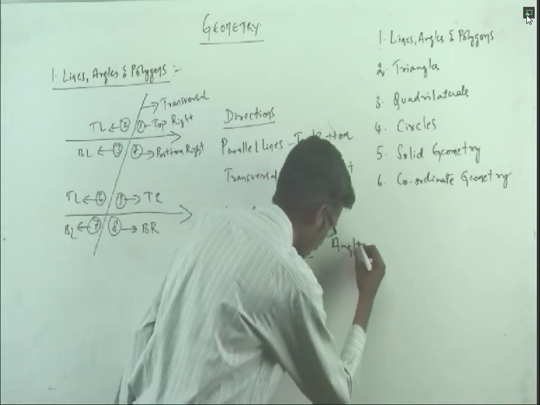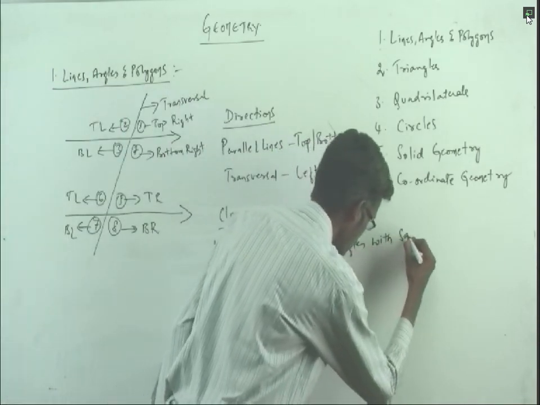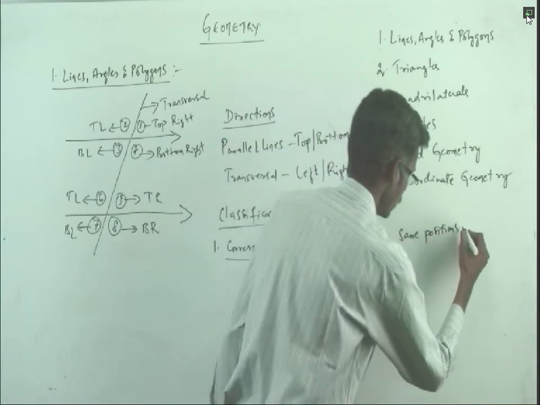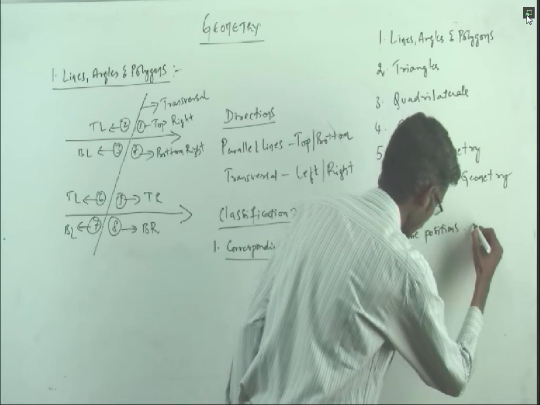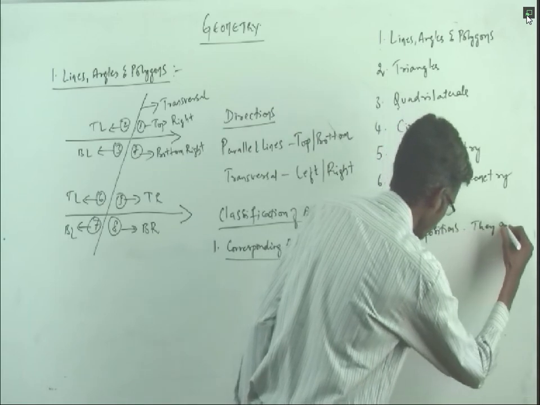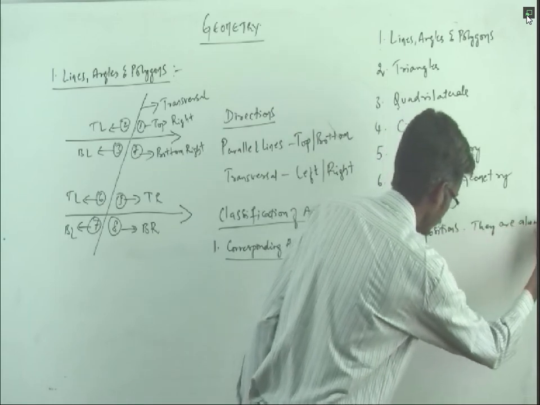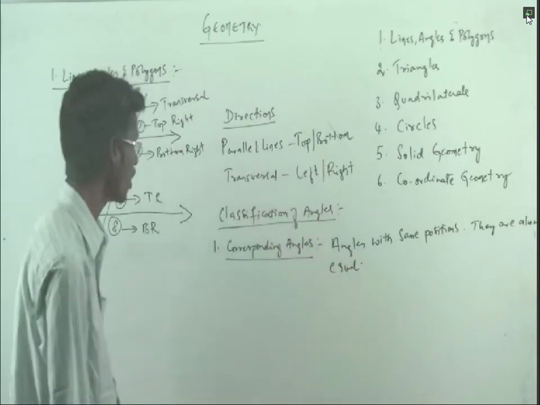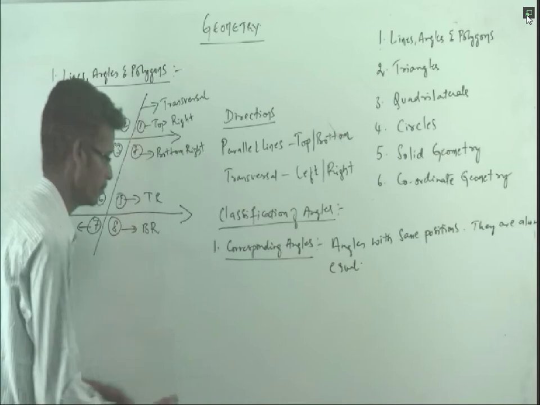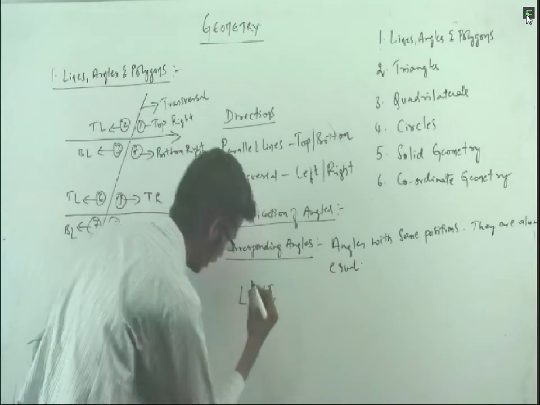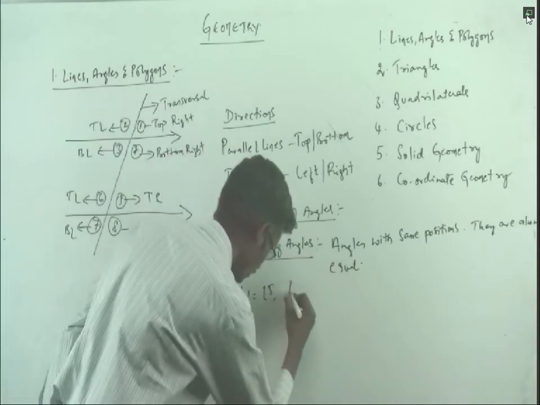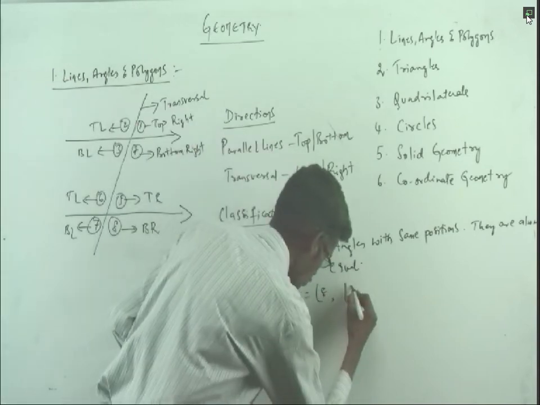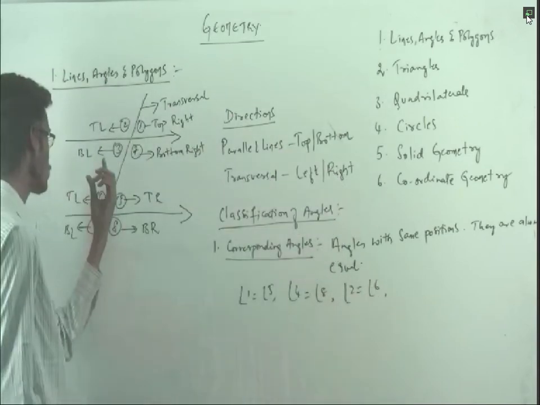So the definition is angles with the same positions are called corresponding angles, and they're always equal. Let us see how many pairs there are. Angle 1 is equal to angle 5, and angle 4 is equal to angle 8. Next one, 2 and 6, and the last one, 3 and 7.